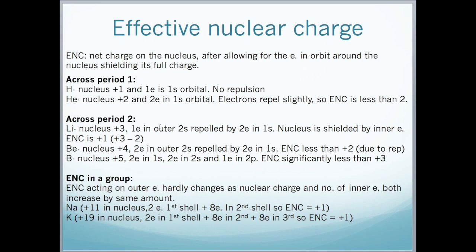Lithium has a nucleus that has 3 protons, so it has a charge of +3, and it has 3 electrons, 2 in the 1s orbital and 1 in the 2s. So the outer electron, which is in the 2s orbital, is repelled by the 2 inner 1s electrons.